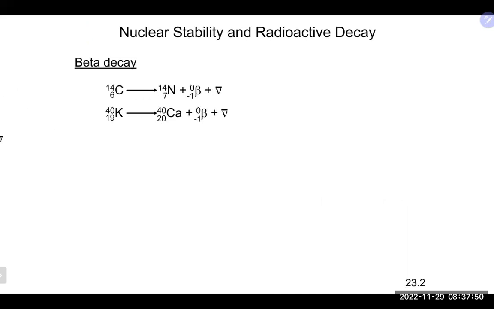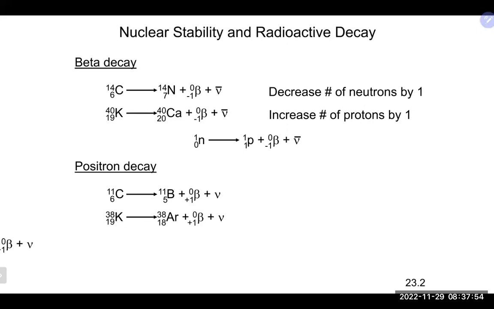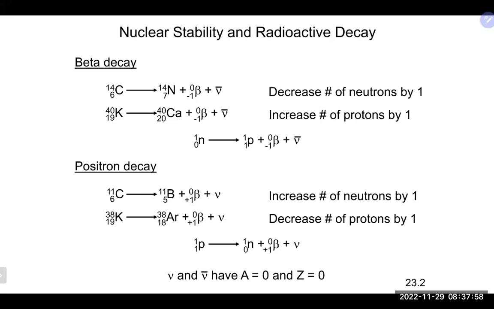So just to look at some of these processes and what's really happening in some of these cases. When we go through a beta decay, there's our beta particle in both of these examples. We don't have to worry about this guy too much. That's a neutrino.